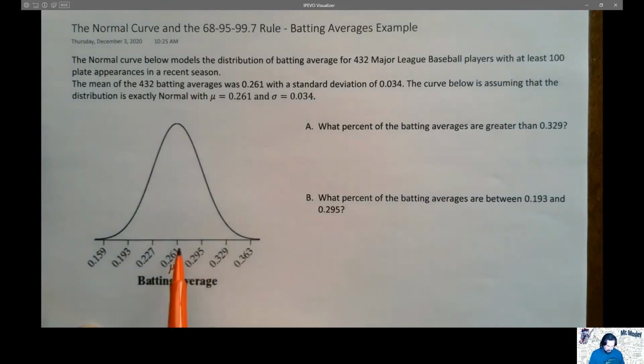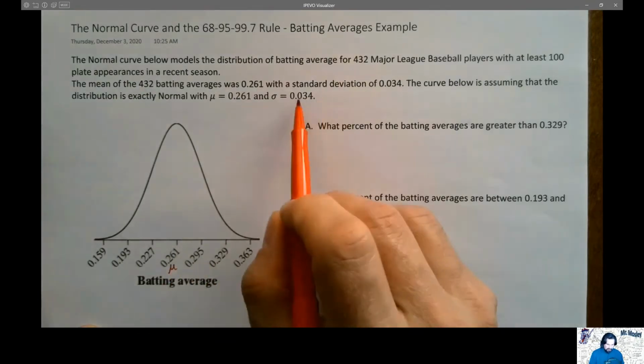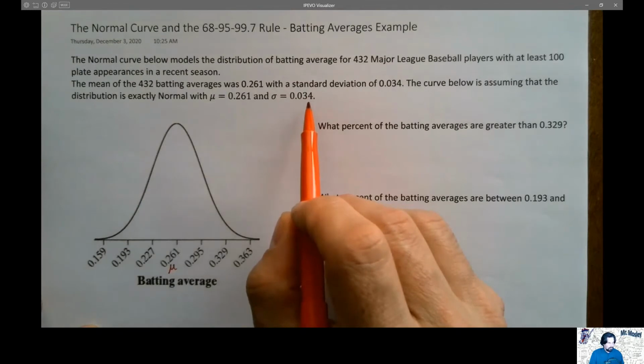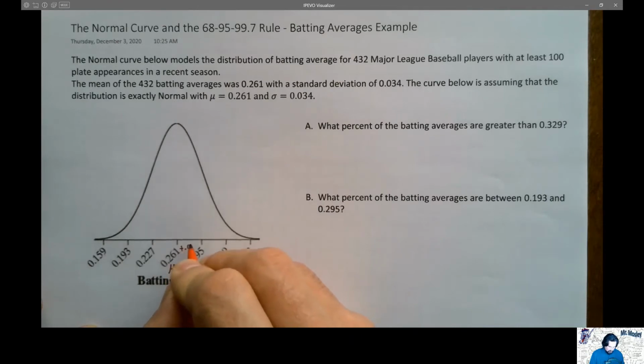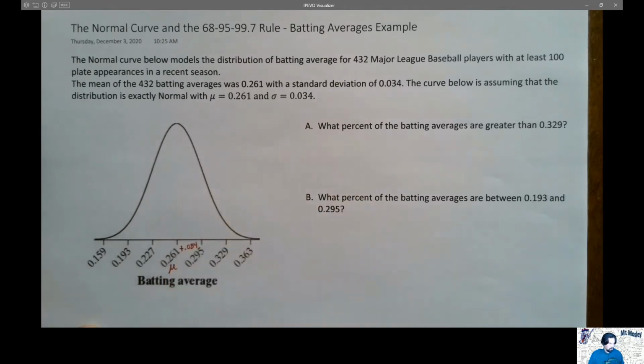The difference between 0.261 and 0.295 is the standard deviation of 0.034. So to get from here to here, we add 0.034, and we get to 0.295. To go one standard deviation to the left, we subtract the standard deviation of 0.034.